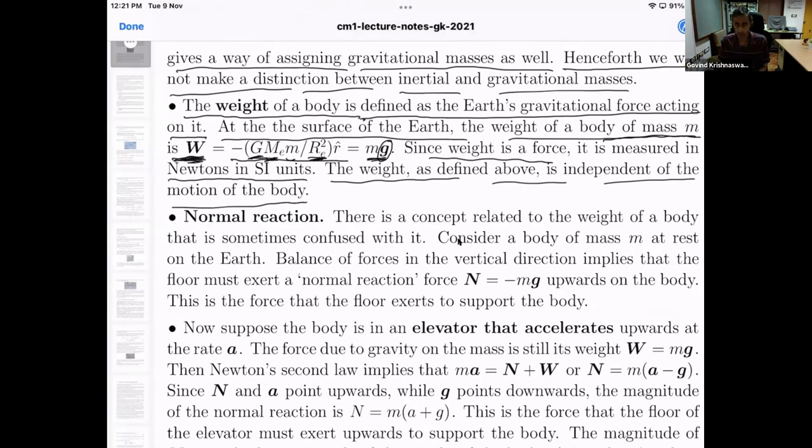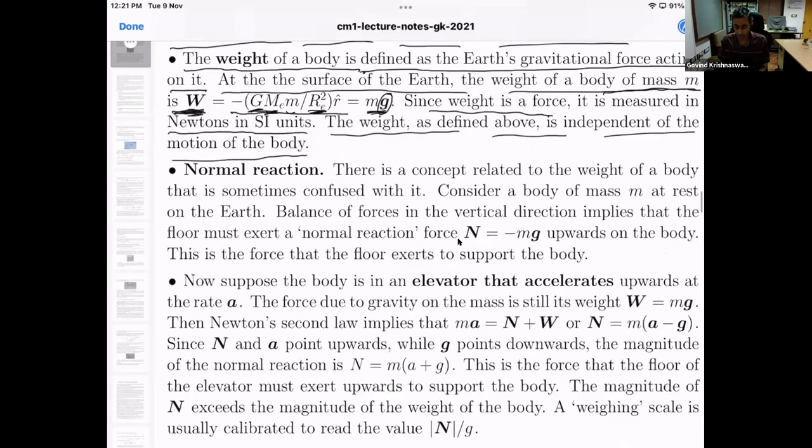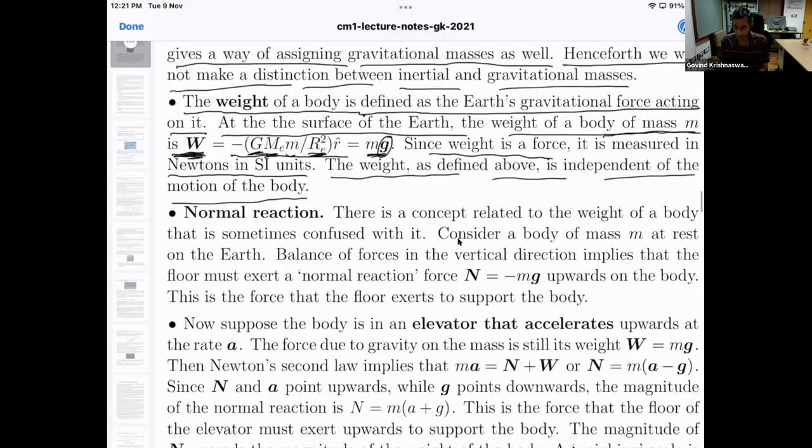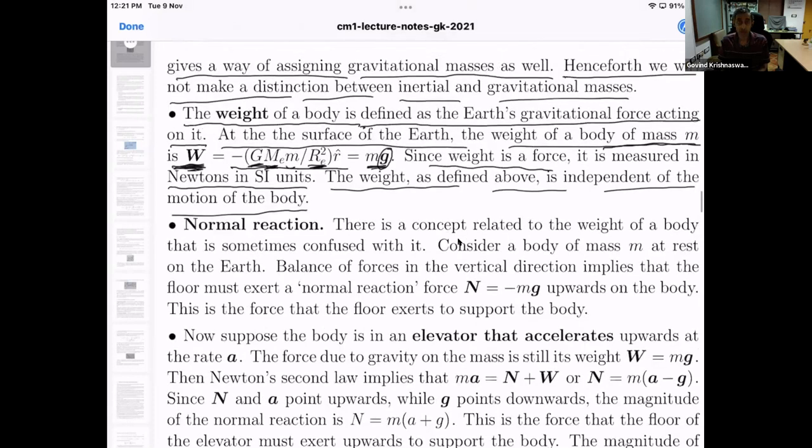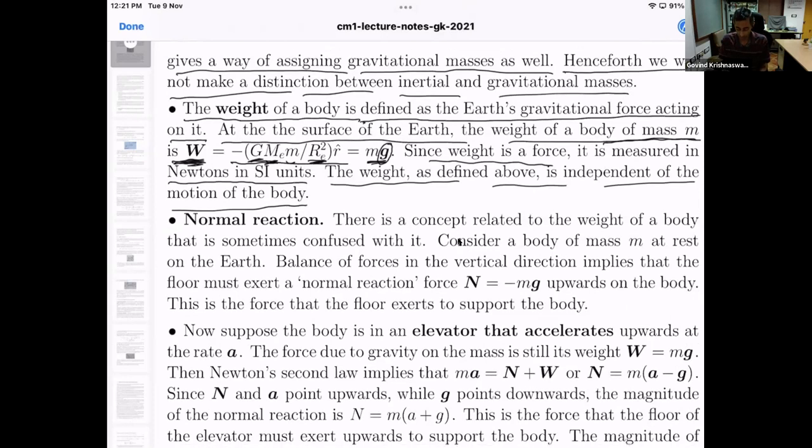Now there is another concept that is related to the weight that is sometimes confused with it. I just want to say something about that. This concept is the normal reaction. So consider a body of mass m at rest on the floor, on the earth.